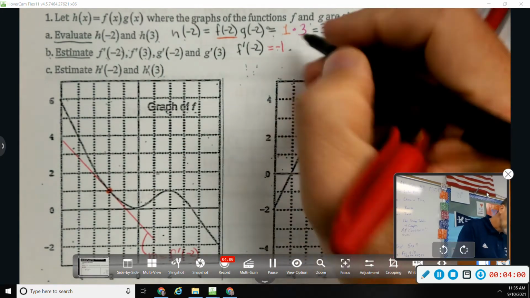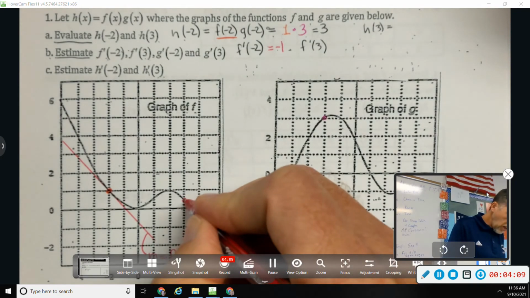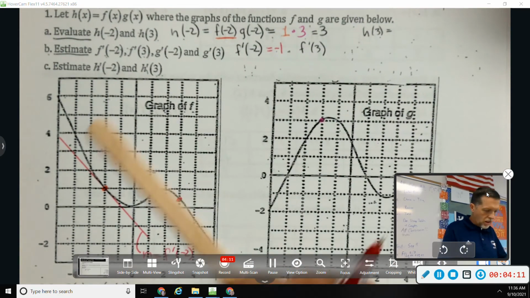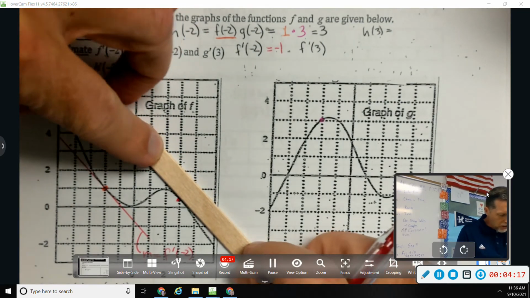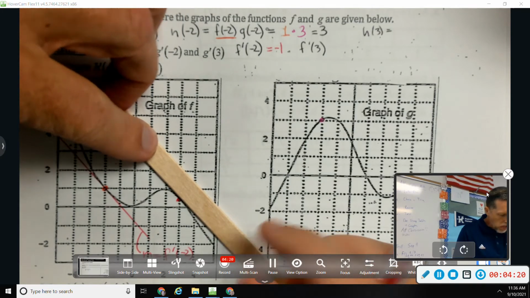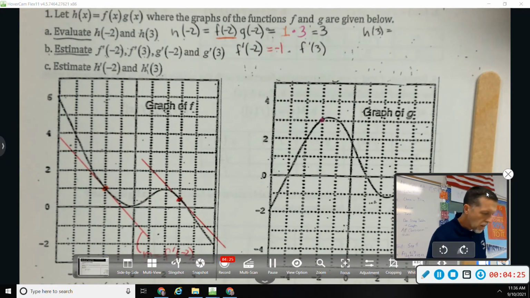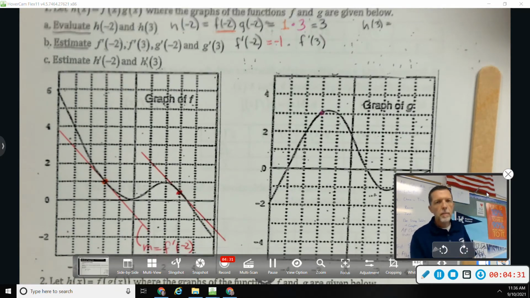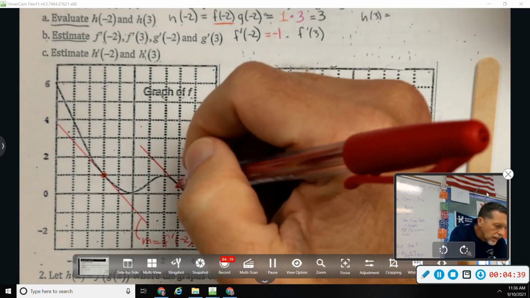F prime of 3. So the slope of f at 3. So there's 3. I think it's helpful to sketch it on there, so grab your ID or some other straight edge. Sketch it on there. Let's see.